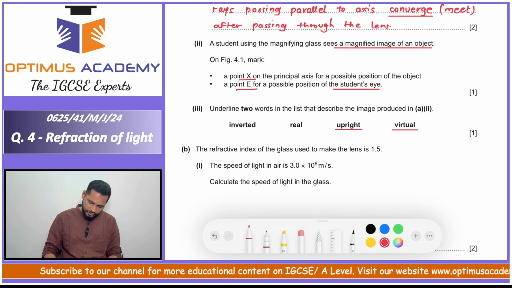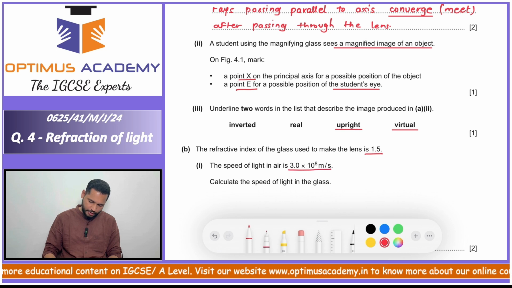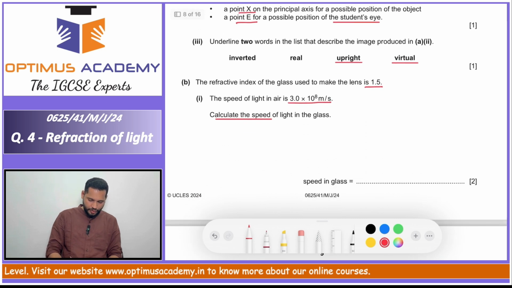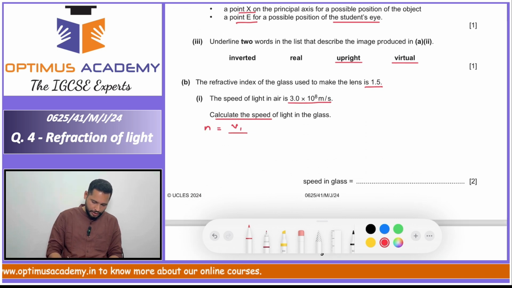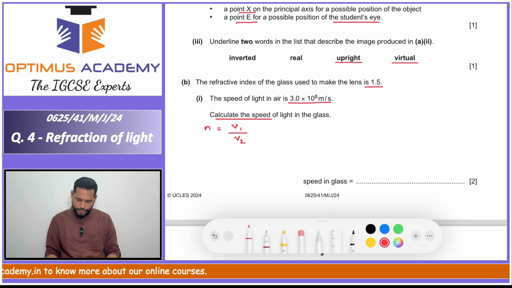The refractive index of the glass used to make the lens is 1.5. The speed of the light in air is 3 into 10 raised to 8 meter per second. They are asking us to calculate the speed of the light in the glass. Now we have one formula for refractive index which links the speeds of the light in two different media, that is n equals v1 upon v2, where v1 is the speed of light in vacuum, which they have already given us, 3 into 10 raised to 8 meter per second.